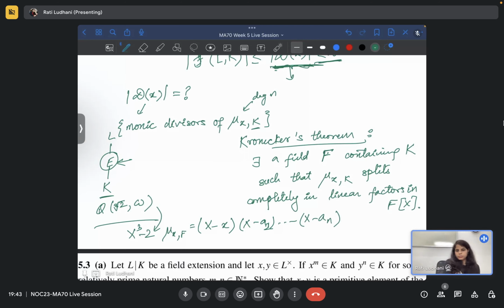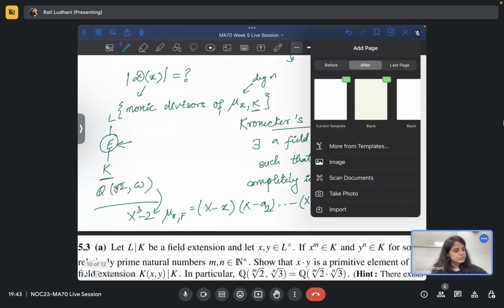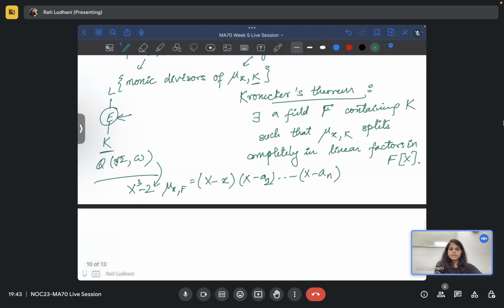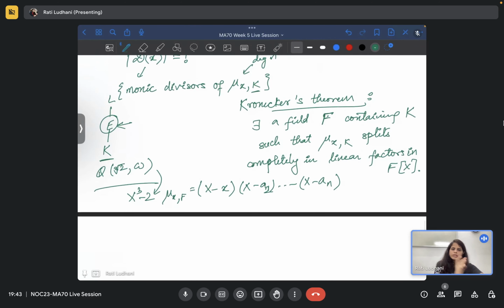These could be the same also; a2 could be the same as a3, that could happen, like a square could be there. But in some splitting field it can split, so that is the maximum that could happen.